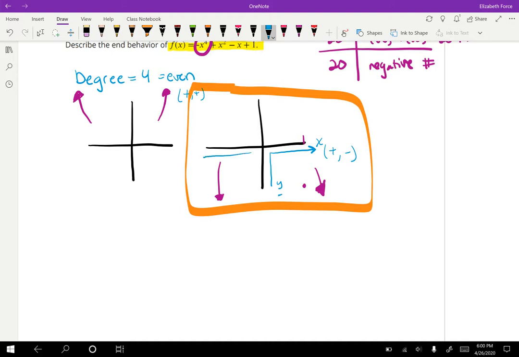And then as x approaches larger negative values, y is also approaching, still going in the same direction, larger negative y's.